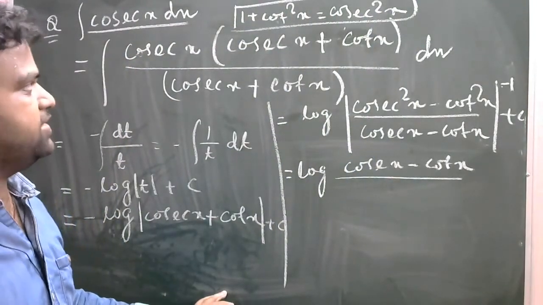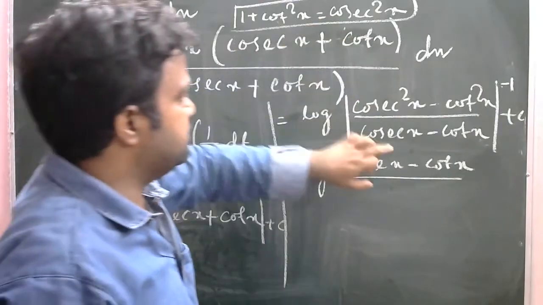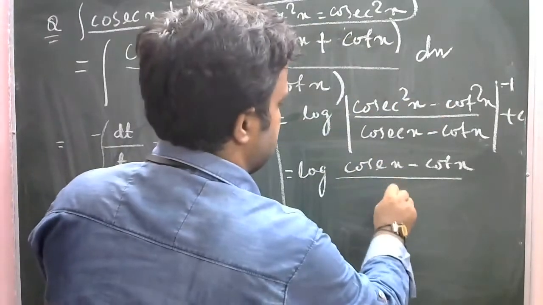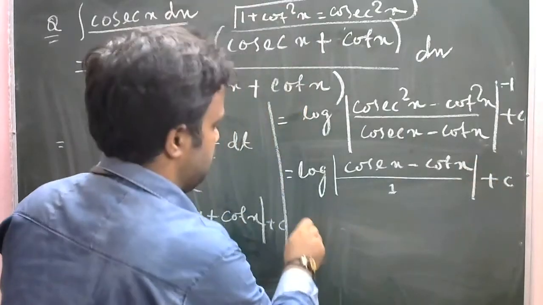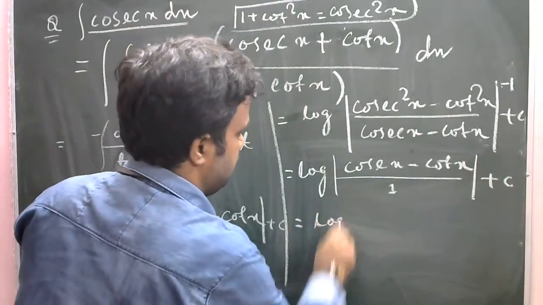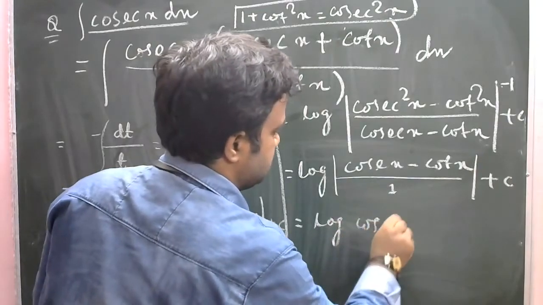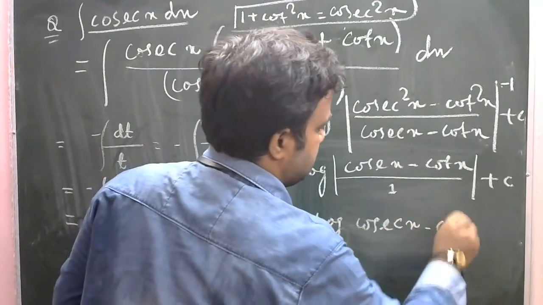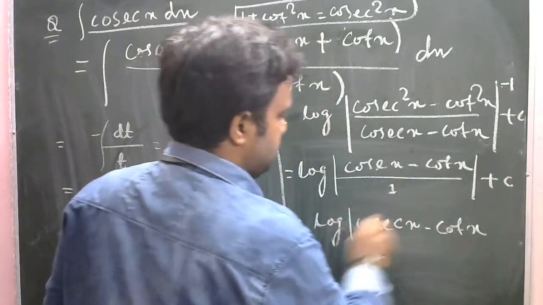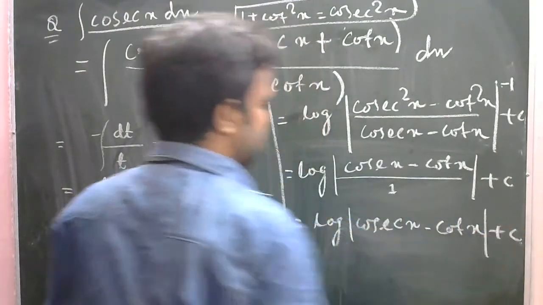So this is an identity. So cosec square x minus cot square x is 1, plus c, or this is your log cosec x minus cot x plus c.